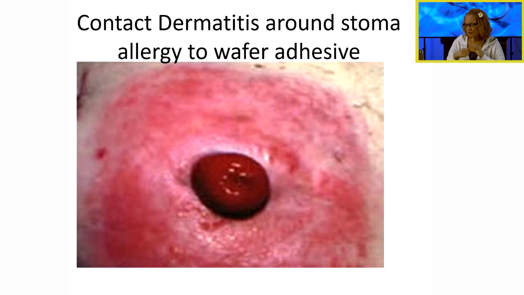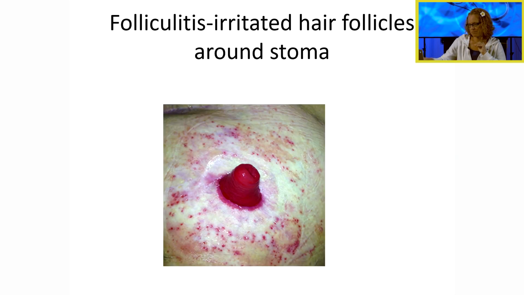This is an example of some contact dermatitis around the stoma. This is an indication that the patient was allergic to the adhesive that was on the wafer, and that can happen. So you can see that it's very red, probably very itchy, irritated skin.